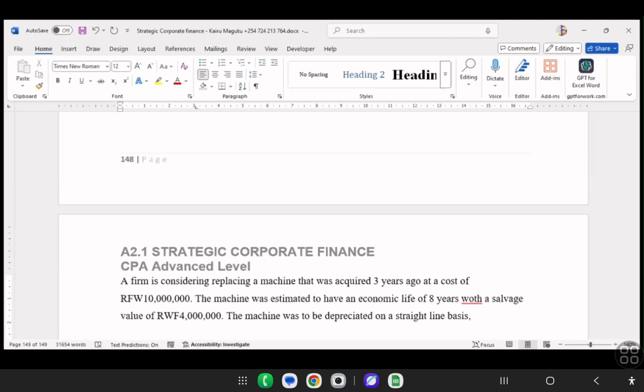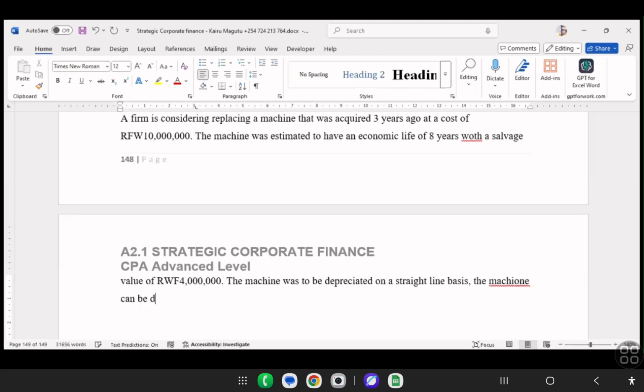Then we say that the machine can be disposed of immediately. This machine was bought at 10 million. It can be disposed of immediately at 8 million Rwandan francs.